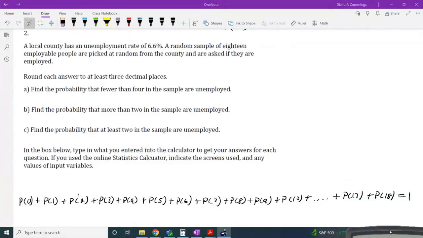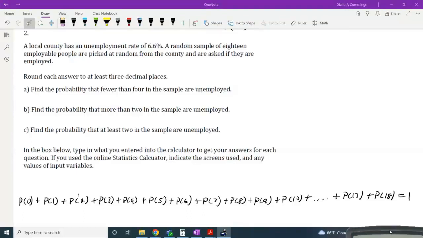The question reads, a local county has an unemployment rate of 6.6%. Notice they're giving us a percent, which is an indication that that's the probability of unemployment. A random sample of 18 employable people are picked at random from the county and asked if they were employed.